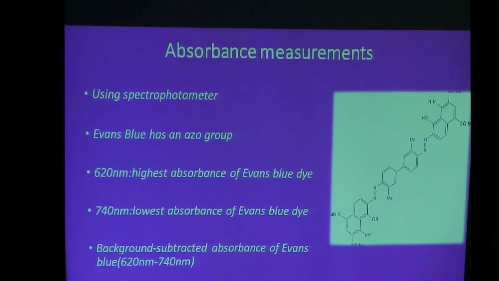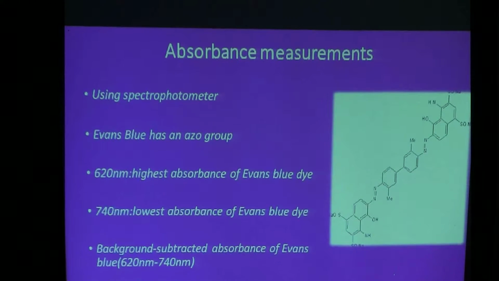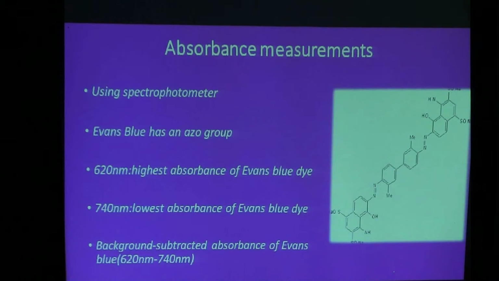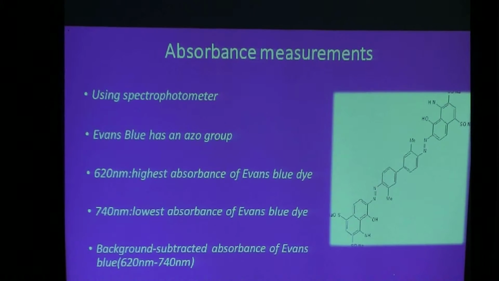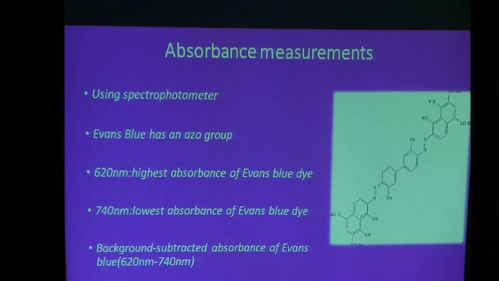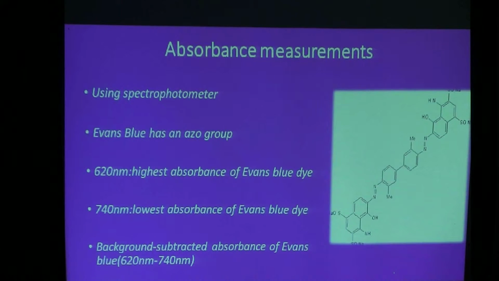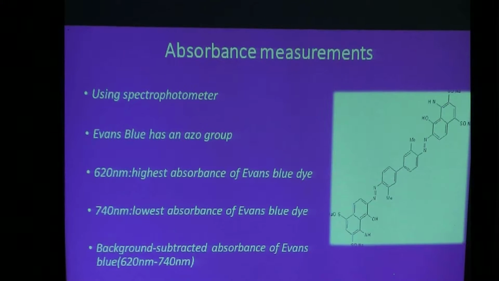For the third part of the method, which is absorbance measurements, we use a spectrophotometer. A spectrophotometer quantitatively measures the transmission properties of a material as a function of wavelength. As you can see, Evans blue dye has an azo group.